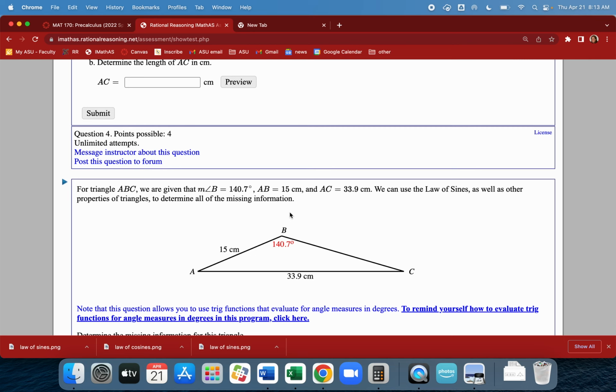14 sine of 55, whatever that is, which if you think about this as a right triangle, this is the hypotenuse, and side A is this one. So I've got the hypotenuse and what do we have?